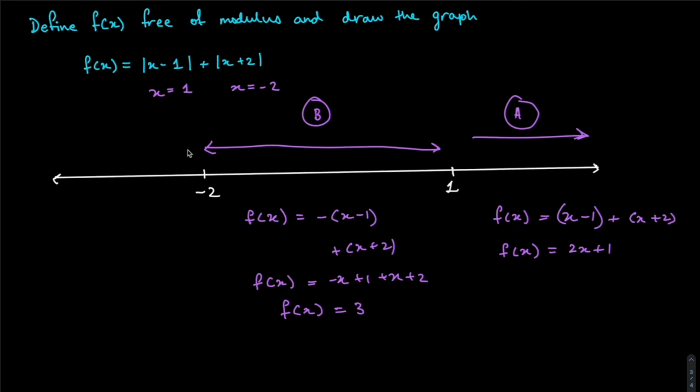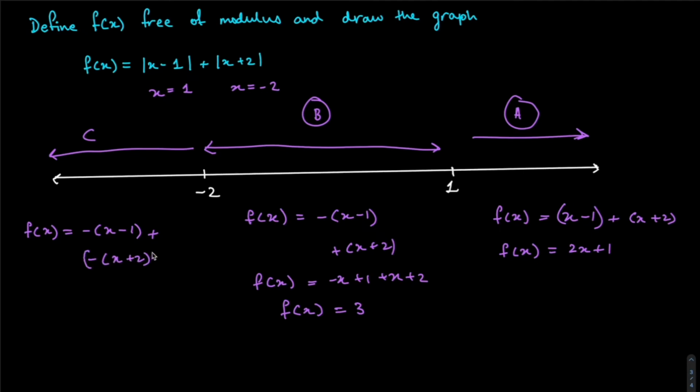Now this is my final region C. In region C, both of them are negative, since x is less than minus 2 and 1. So I'm going to have negative functions for both: minus of x minus 1 plus negative of x plus 2.